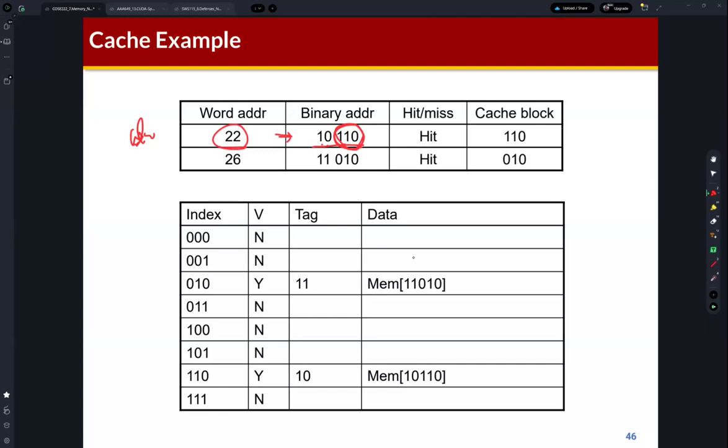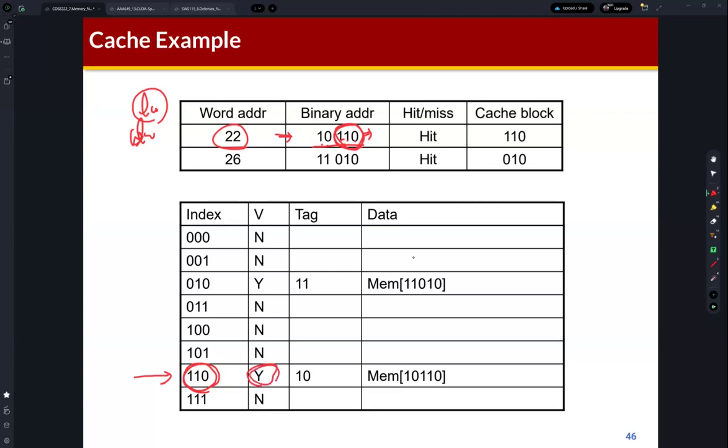So the index of this access is 110. Oh, this is the load instruction. Then we first access the cache entry 110, right?